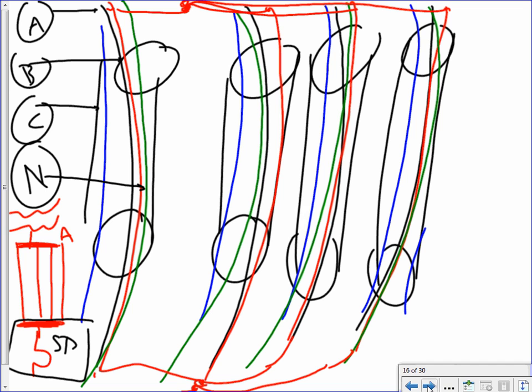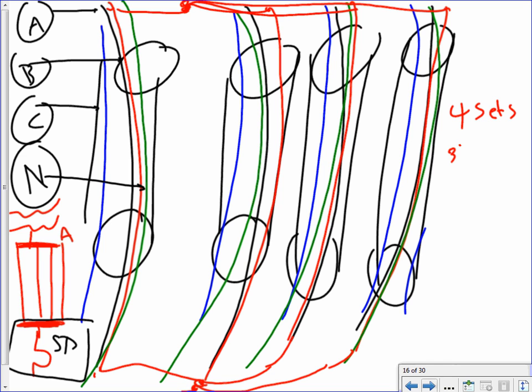Here's how it's going to look, guys. This is my phase A, B, C, and neutral in every set. Can you guys see that? And they tie them at both ends. Every phase at both ends. I have 4 conduits. Can you guys see the 4 conduits there? And right here, I have 4 sets.